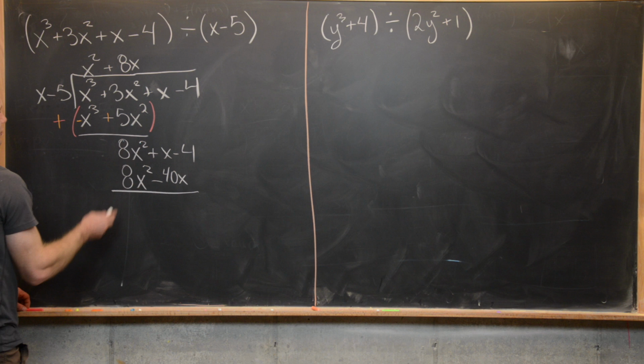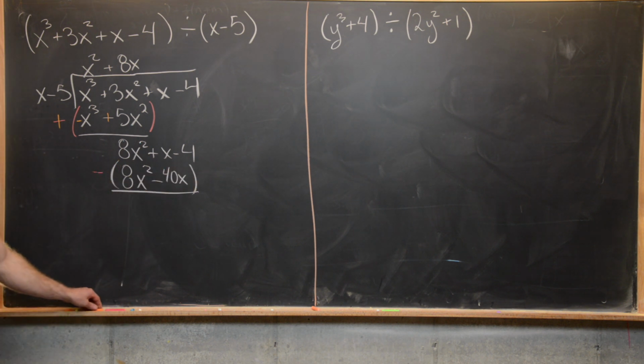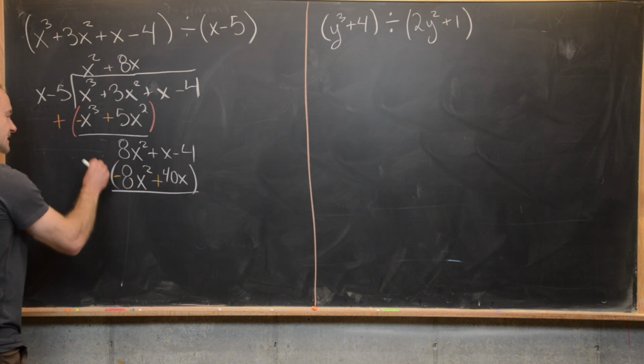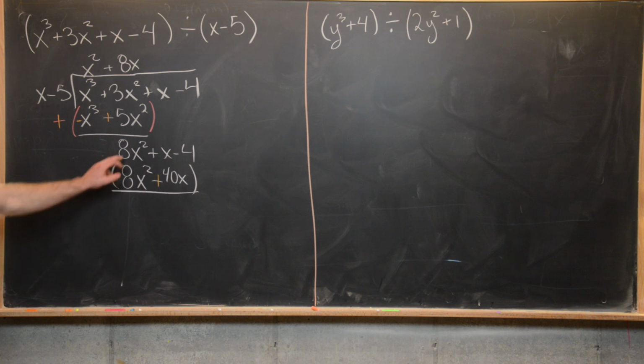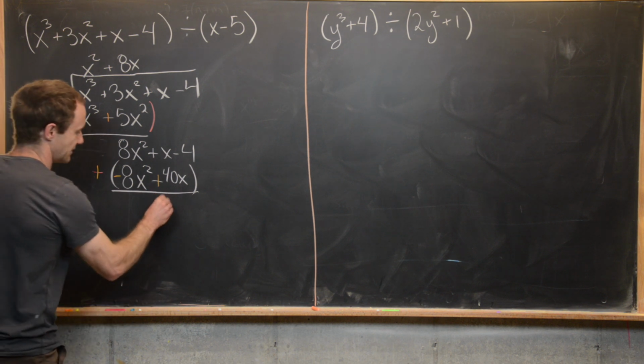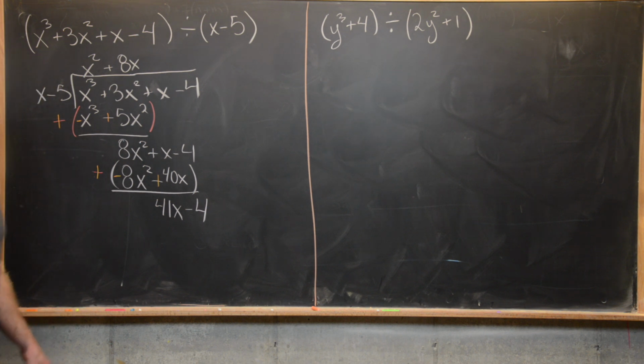Now we're going to group and then subtract. But then we can distribute this minus sign through. That's going to change both of those. So we've got 8x squared minus 8x squared, so that's gone. Then we've got x plus 40x. That's going to be 41x. And then we bring this minus 4 down.